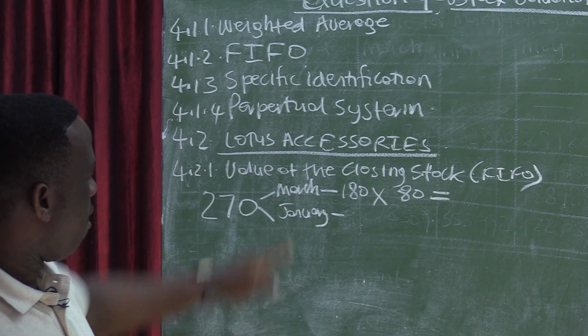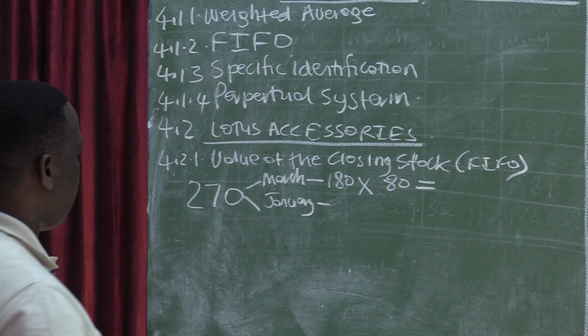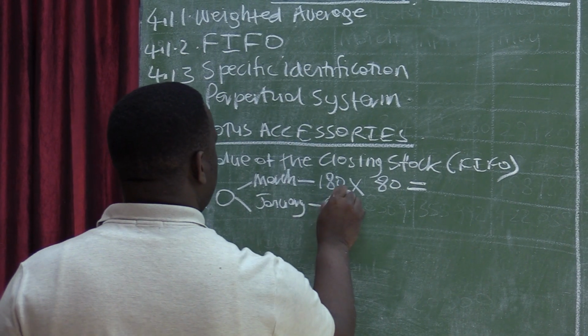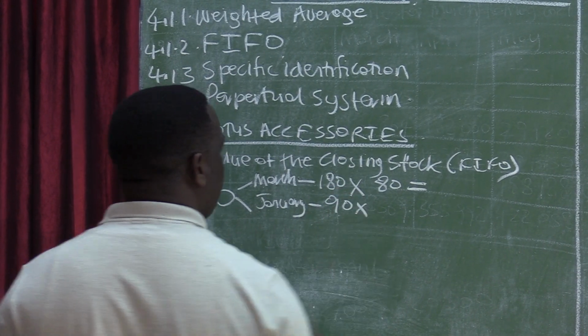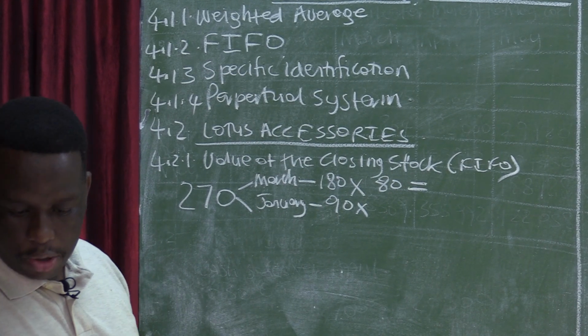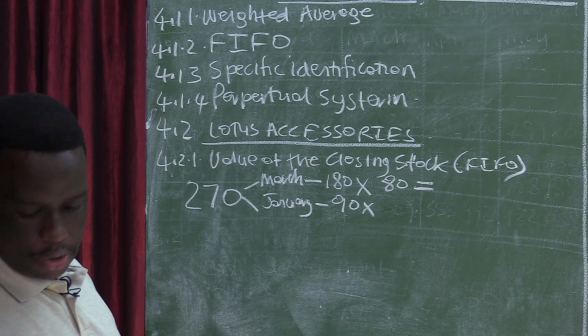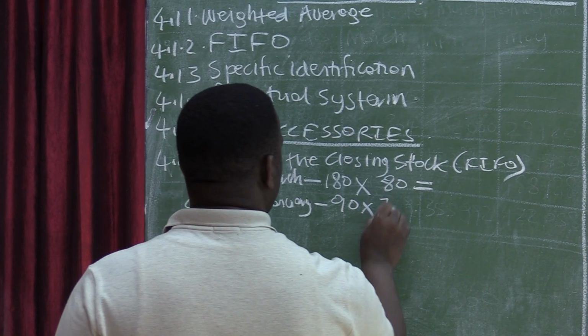We already have 180, so we need to take only 90 here. The unit cost for January is 75 Rand.